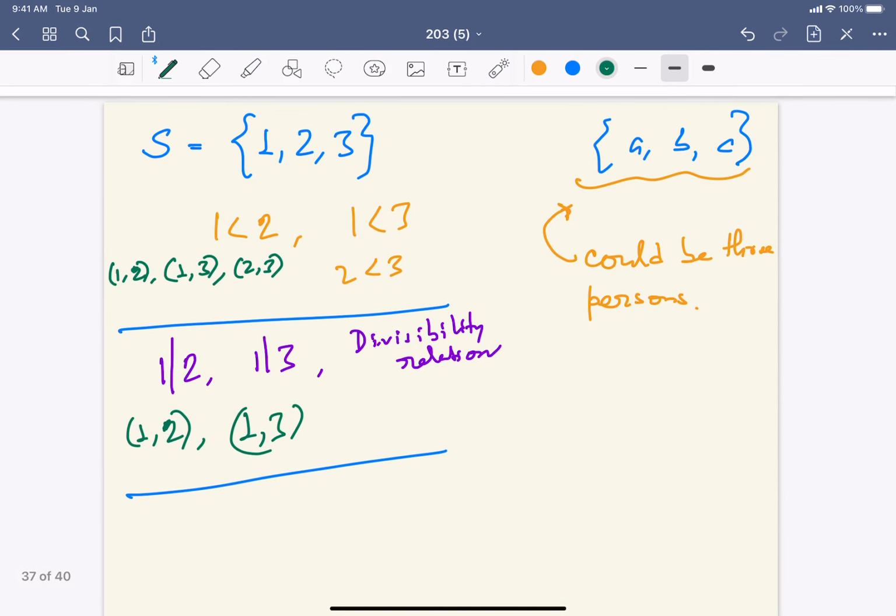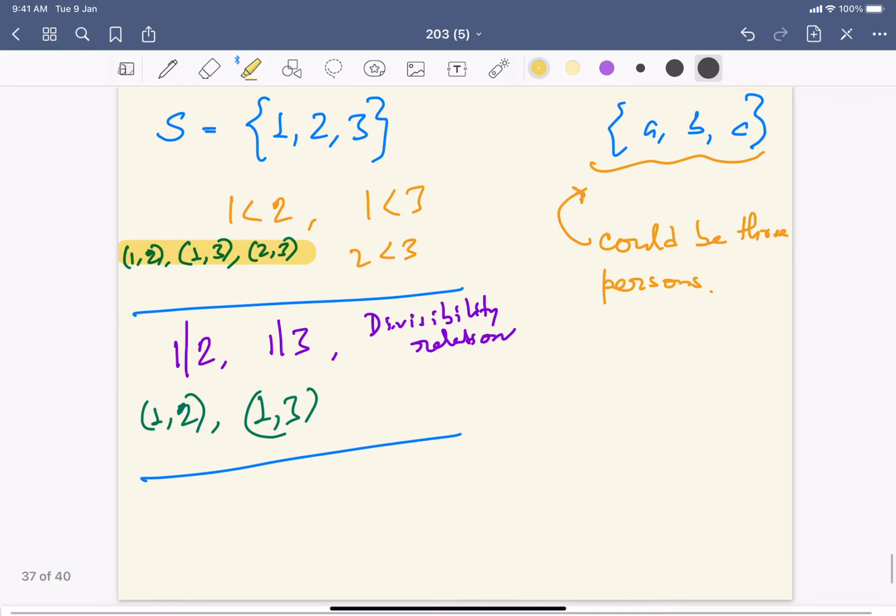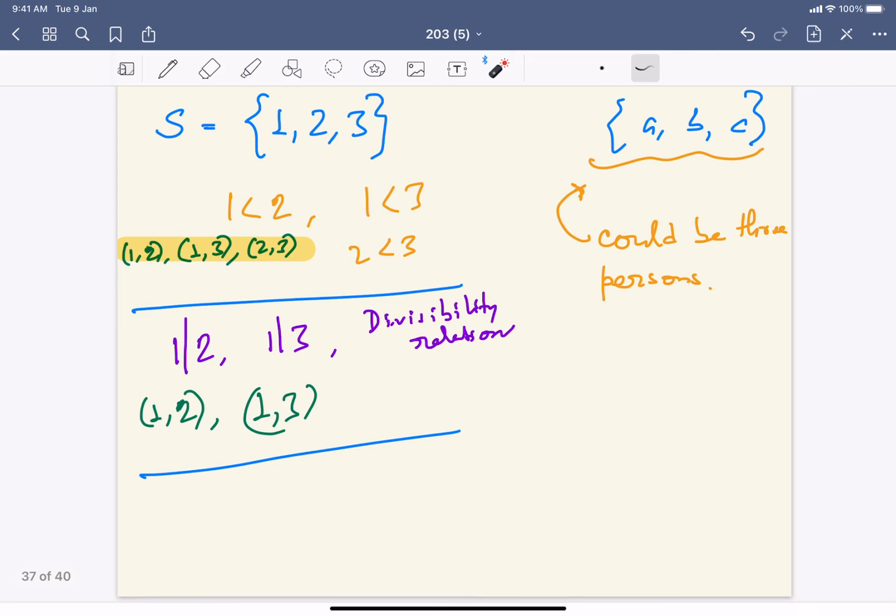One may think of this as a kind of summary of this information, and even here one may think of this as a summary of this information. So that is what is being done.